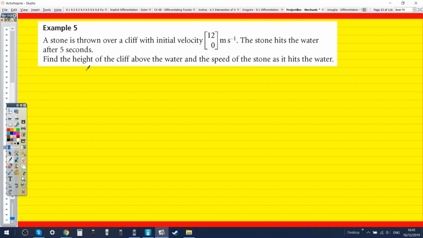So we know u, because that's the vector. A is minus 9.8. And what would that be in vector form?